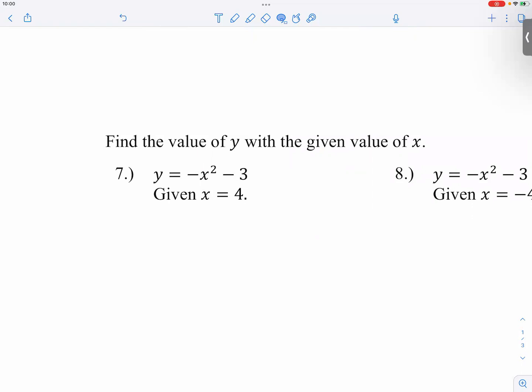Now, do one thing together: use parentheses, and then put the 4 inside the parentheses. Please do that, and then you can go ahead and solve and see if you can get the right answer. Go ahead, try it out.